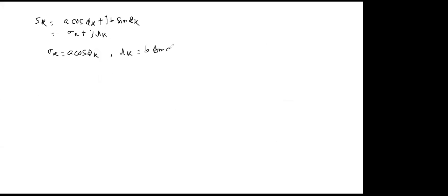See, s_k equals a cos of phi_k plus j b sin of phi_k. This equals sigma_k plus j omega_k. Then sigma_k equals a cos of phi_k and omega_k equals b sin of phi_k. Then (sigma_k by a) whole square plus (omega_k by b) whole square equals 1.